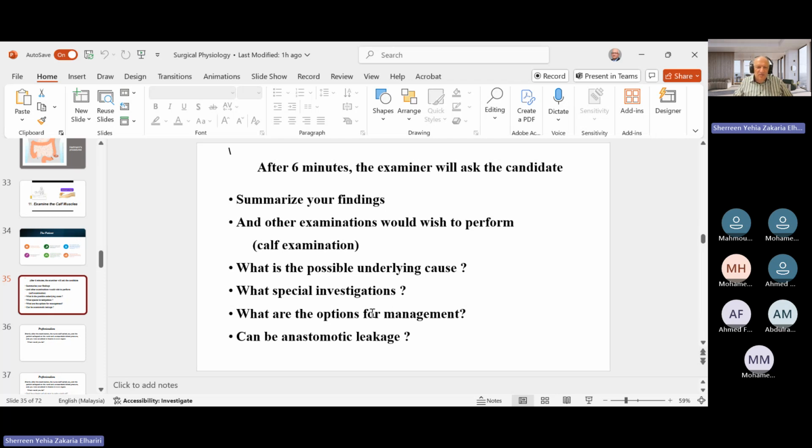So what are the options of management? The options depend on the patient's vital status, the hypoxia, and the degree of the pulmonary embolism. First, we supply and maintain the oxygenation of the patient. Second, we provide anticoagulants in the form of low molecular weight heparin or unfractionated heparin.